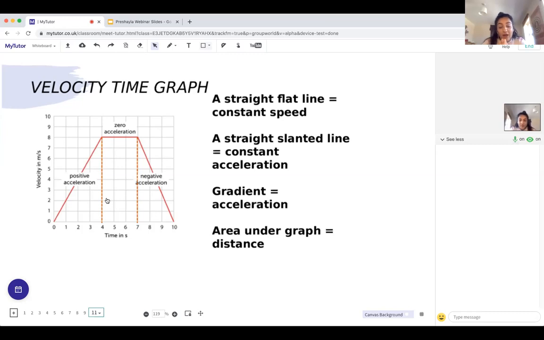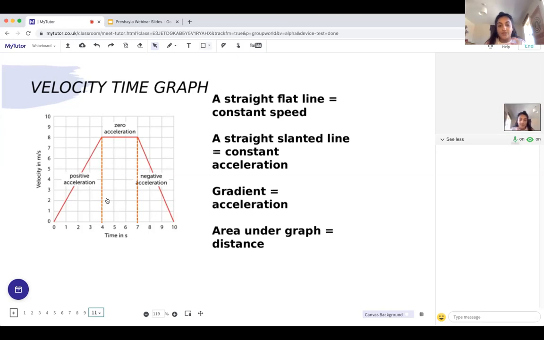It's very, very easy to get confused between the features on a distance time graph and the features on a velocity time graph. So it's important that you separate them out and notice in an exam question, is it talking about a distance time graph or a velocity time graph? And use the correct features that match up with the graph.